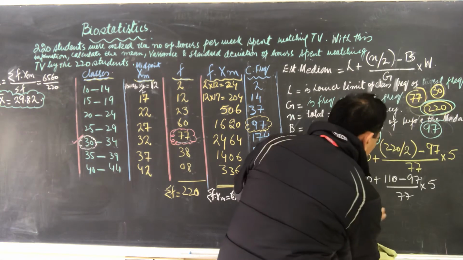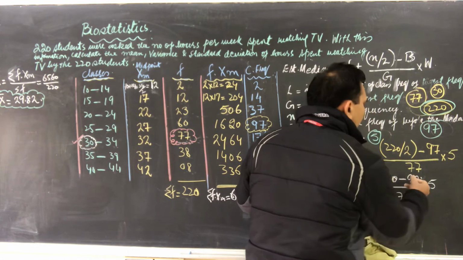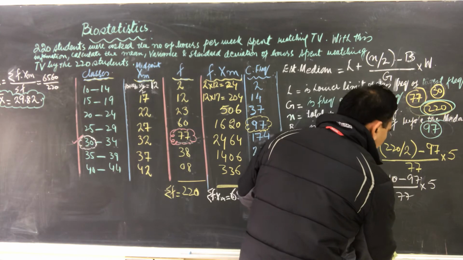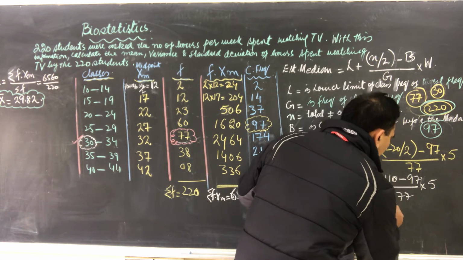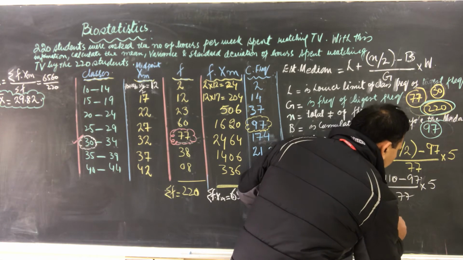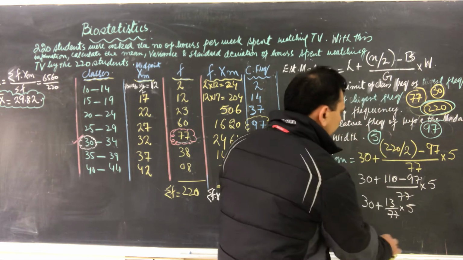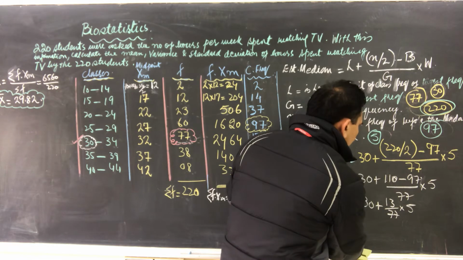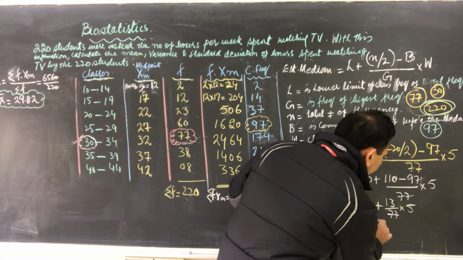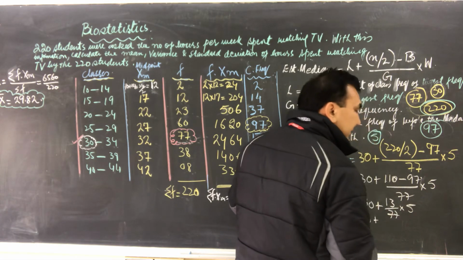Now if you subtract 97 from 110, it becomes 13, and 13 divided by 77 and multiplied by 5. Then what do we do first? We divide 13 by 77.